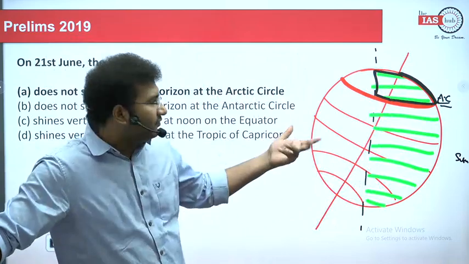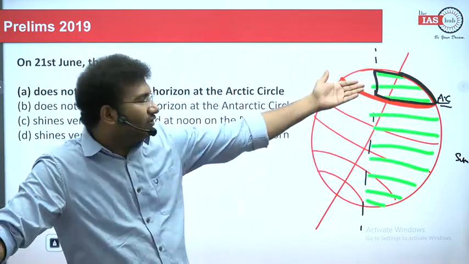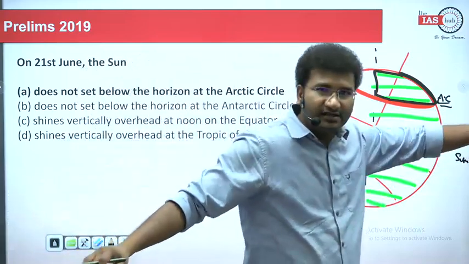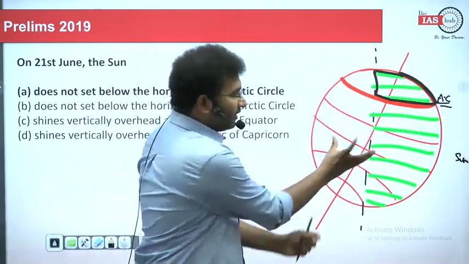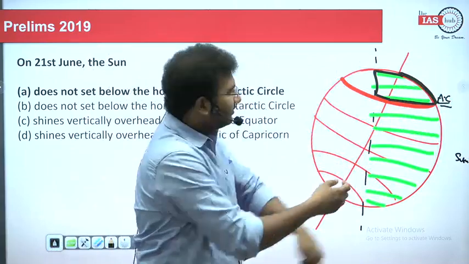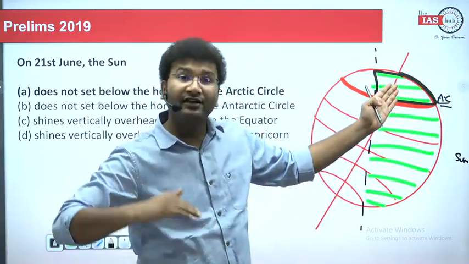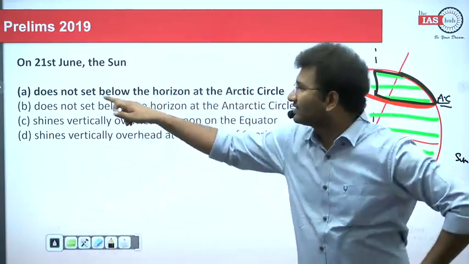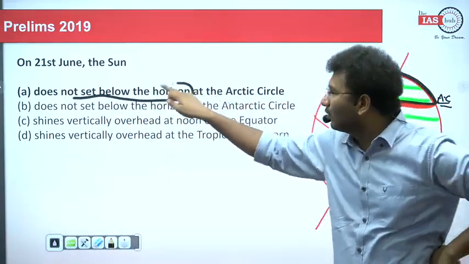Even if you rotate, the sun is always there. Just imagine the sun is on one side, and I am rotating the earth on its axis. The sun is always present. It says that the sun does not set, meaning there is no night there. This means the sun does not set below the horizon.